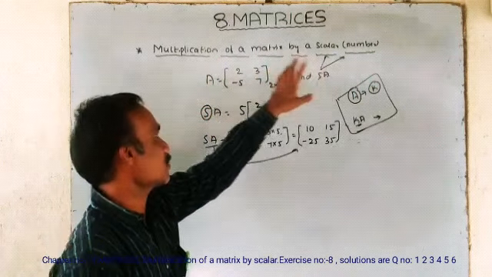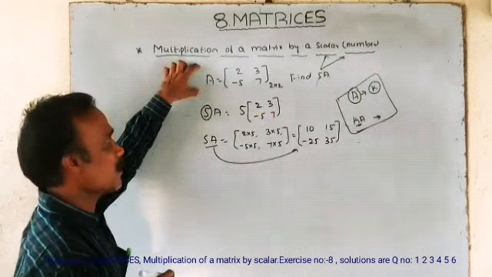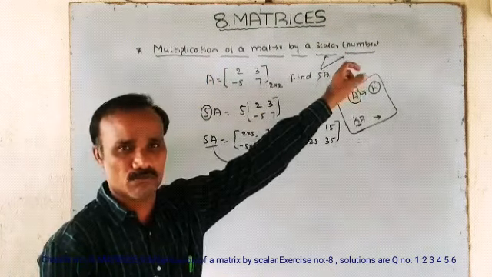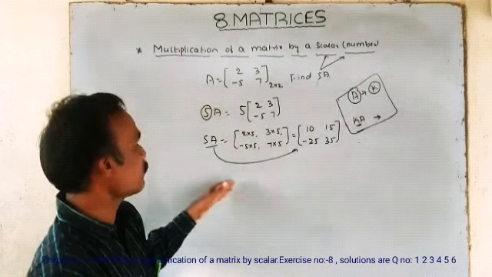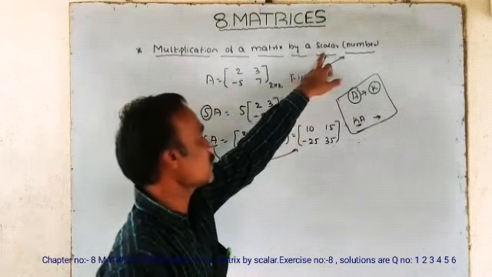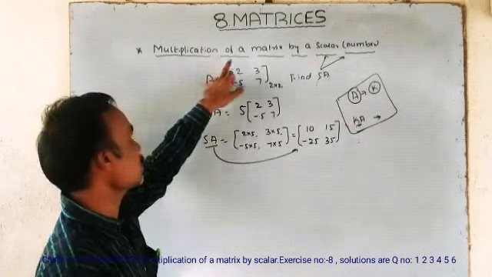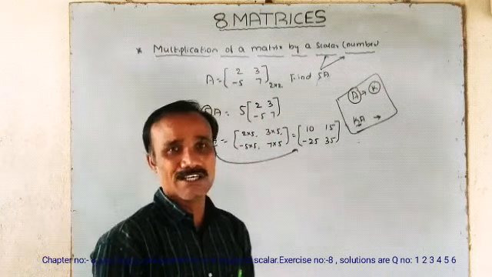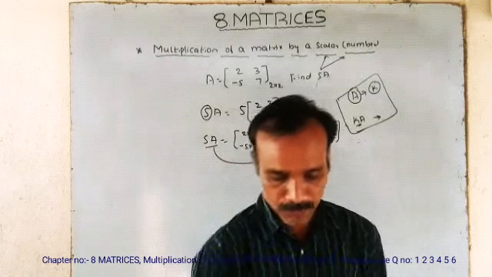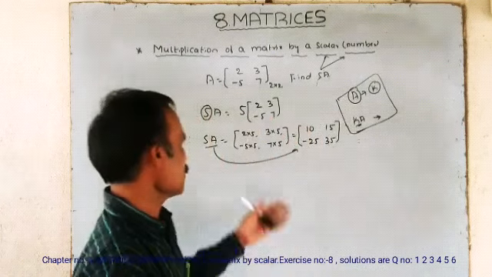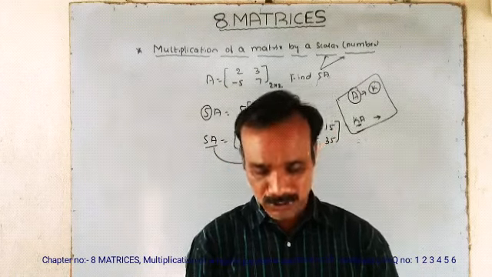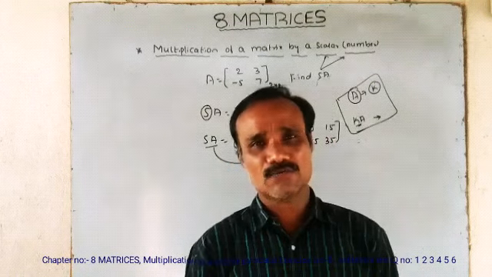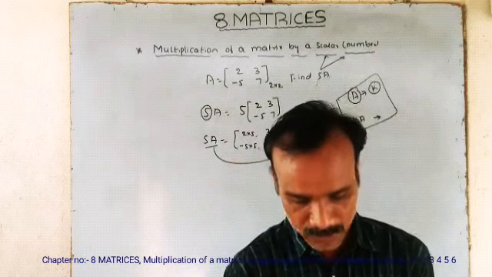For multiplication of a matrix by a scalar, they will give one matrix and any number, so we should multiply all the elements of the matrix by the given number. So this is multiplication of a matrix by a scalar. Okay? Right. Please note down the example given in your textbook. Any doubts, I will clarify all your doubts in class.